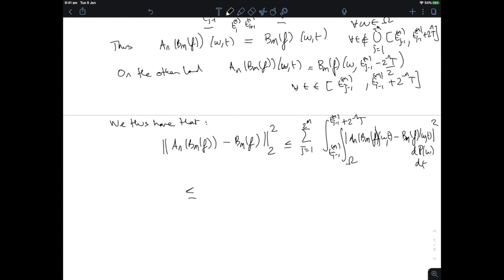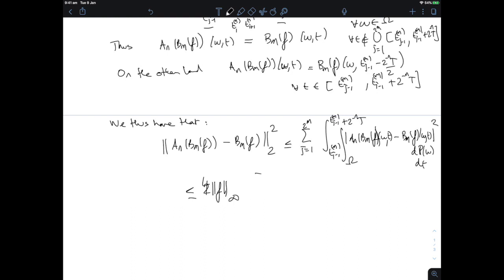So I'm going to get 2 times, okay, the 2 is squared, so it gets to 4 times the sup norm of f, because A_n of B_m f in sup norm is smaller than the sup norm of B_m f, and we've just seen in the proof of the lemma before that B_m f in sup norm is smaller than f in sup norm. So this is again where this extra assumption comes in.